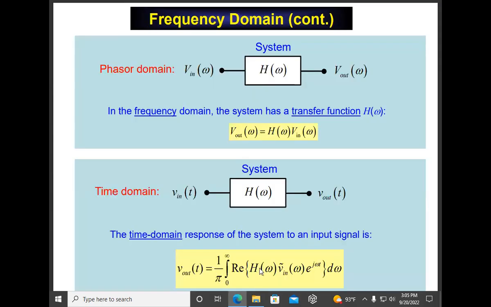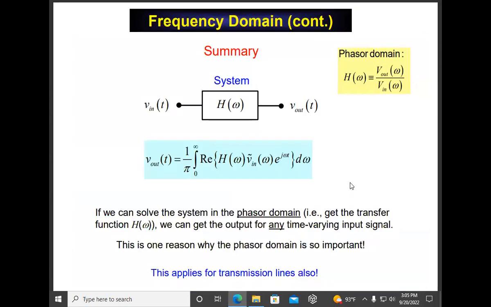You see that? Okay. So as a summary page, if I have an input signal in the time domain, and I want an output signal in the time domain, for any linear system, the output signal comes from the Fourier transform of the input signal after multiplying by the transfer function, which is defined in the phasor domain, and then carrying out this integral. Okay.